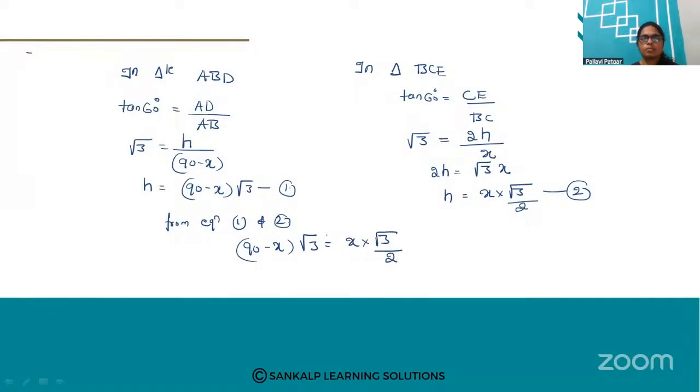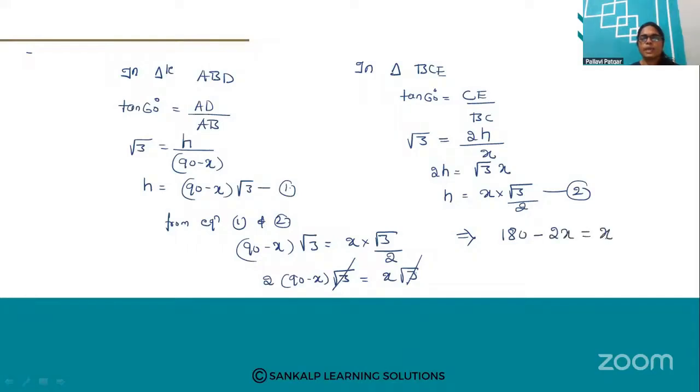Both sides have √3, so instead of cancelling, let us multiply. 2 into 90 minus X into √3 is equal to X into √3. Here both sides' √3 cancel, so 180 minus 2X is equal to X. So 180 is equal to 2X plus X, that is 3X is equal to 180.